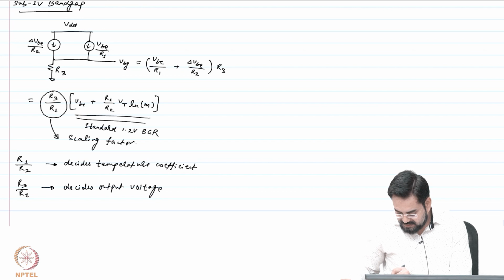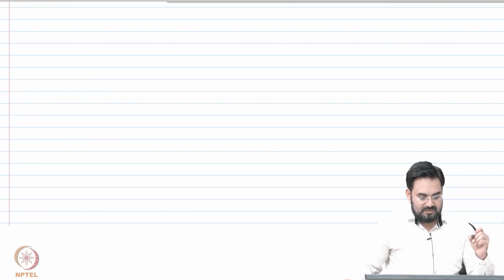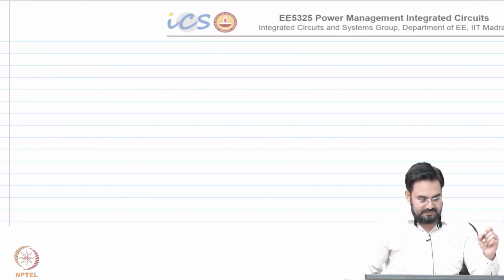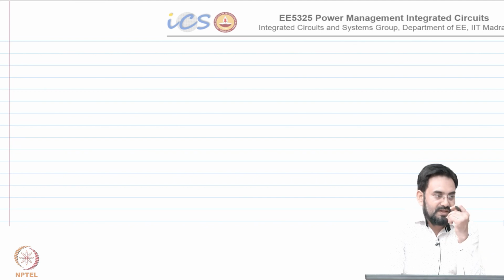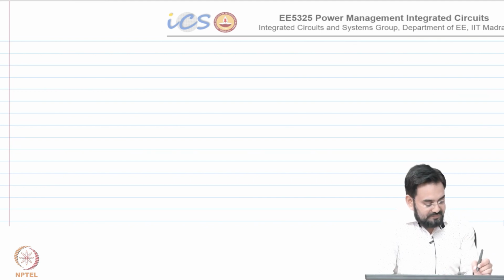So, how do we do this? Let us see how we design it. So, delta VB by R we already did, we know how to do it. So, what you require?